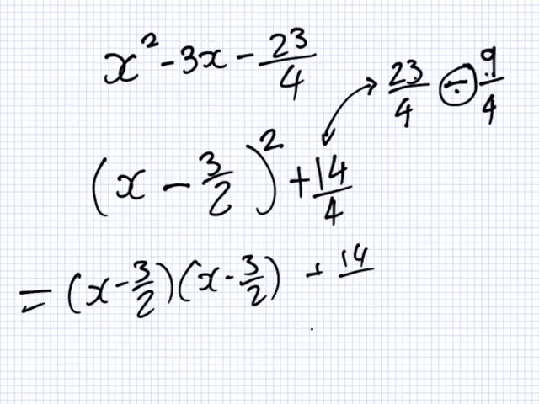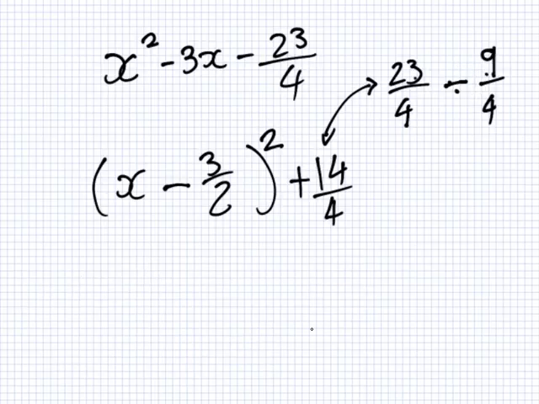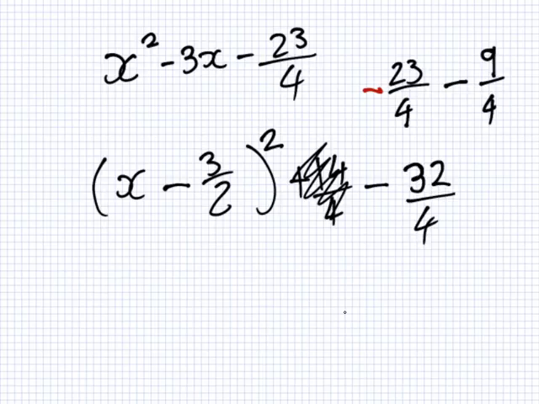It's wrong. I understand. Yeah, but you didn't explain it to me. It's wrong because I forgot the minus. Right, so this should be minus 32 over 4. That's better. Which is 8.